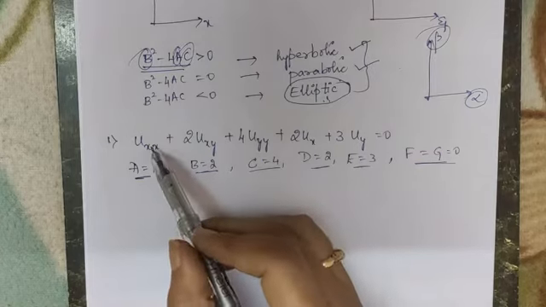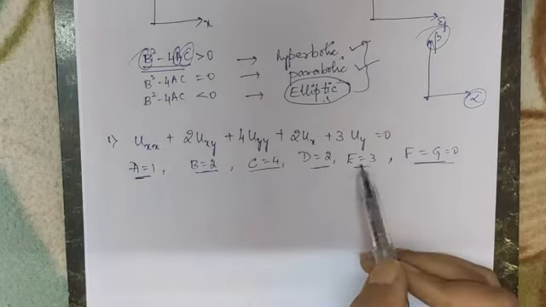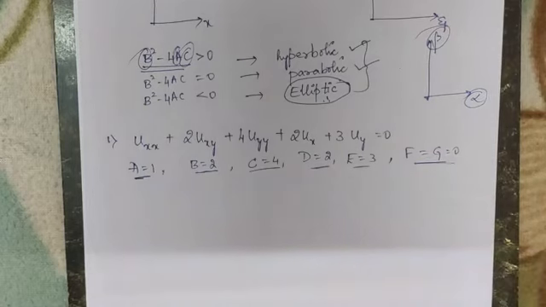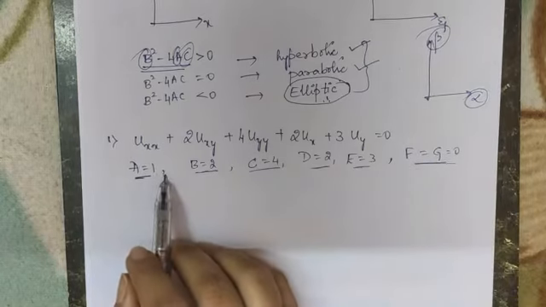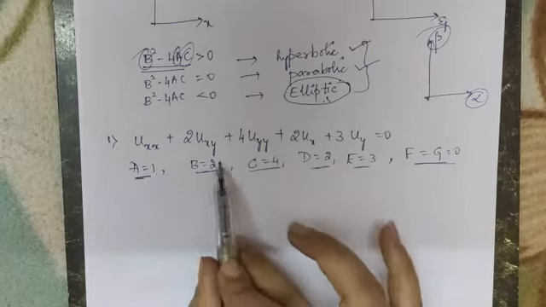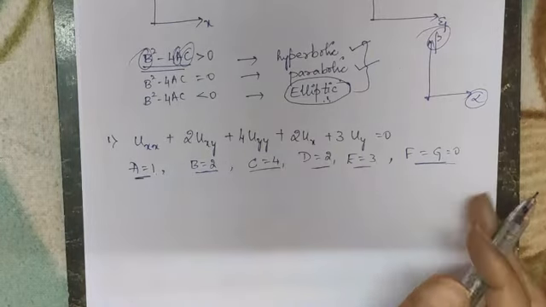But if any of these a, b, c, d, e, f or g is a function of either x or y, then that equation is said to be a second order partial differential equation with variable coefficients. So the first problem is a second order partial differential equation with constant coefficients, right?